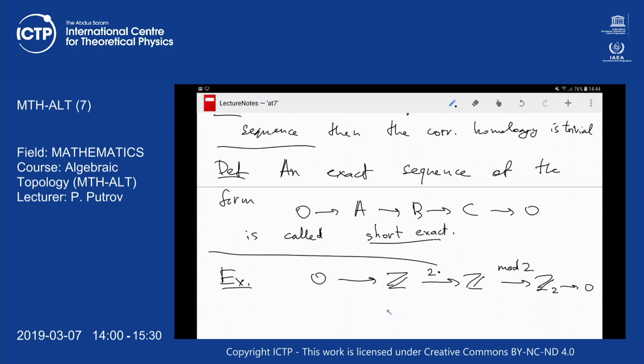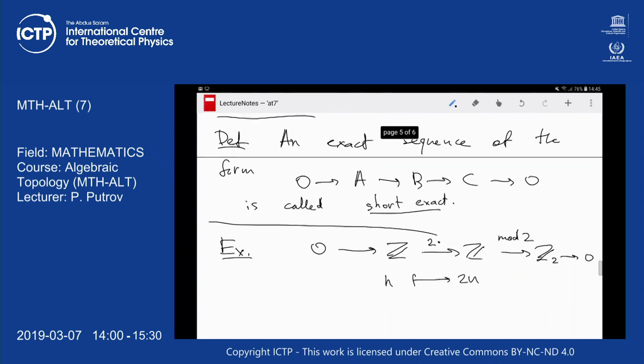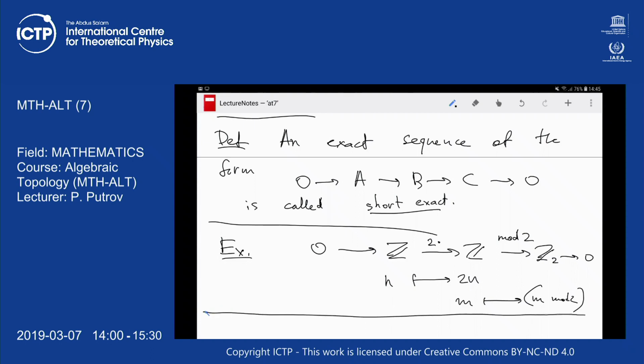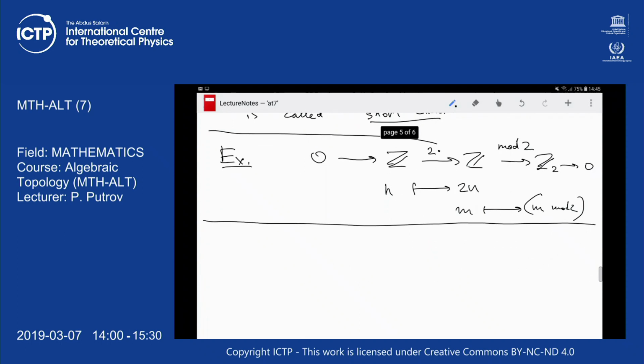So if we take an integer m here, we map it to 2m, and if you take some integer here, we map it to m mod 2. And of course you can see that the kernel of this map is exactly the image of the previous. So we will need this. This is a very important notion for homology, which we will later use.